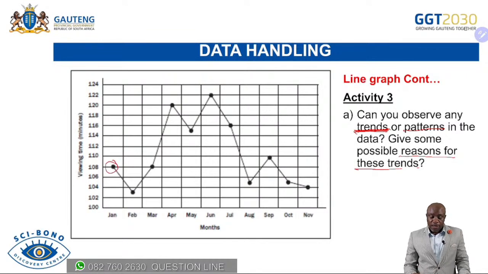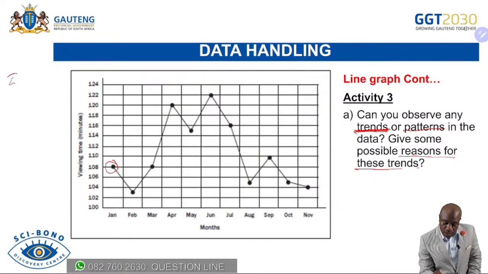We start in January. What are we saying in January? See the general part, the viewing time dropped. So you could then start by saying there is a drop in February. And what's the possible reason? So Jan to Feb, there is a drop.